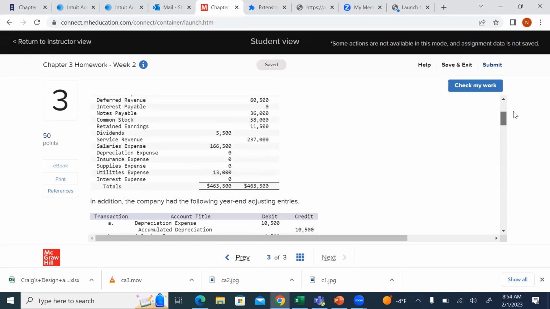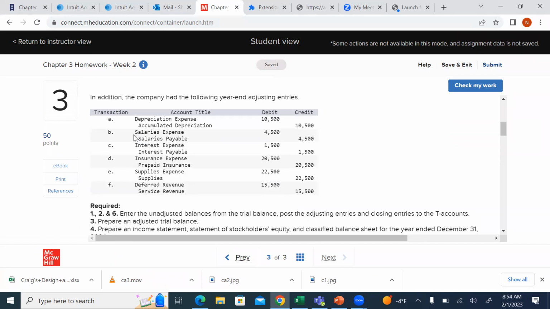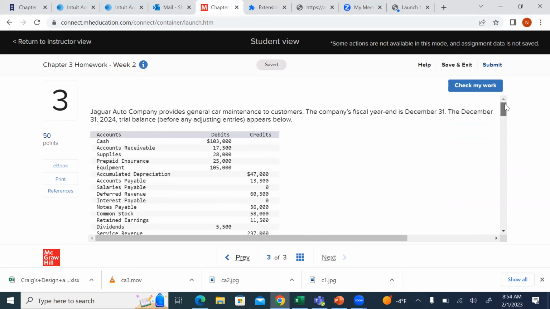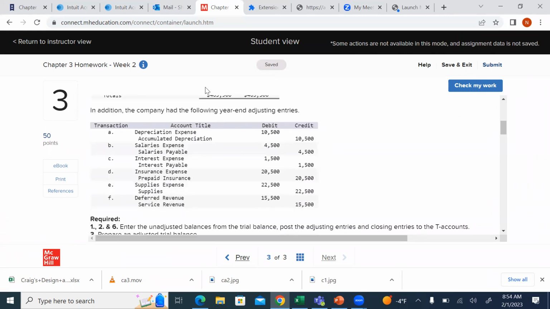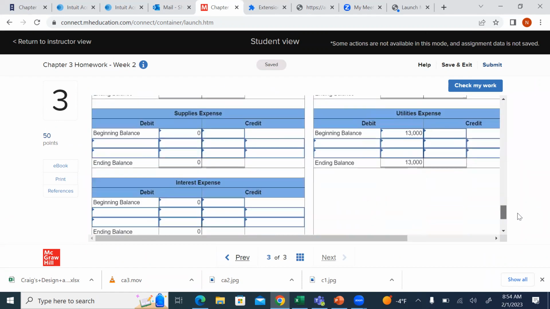So the adjusting entry for A, they are showing depreciation on equipment or a building. Let me just see what we had. Equipment. We are showing a debit to depreciation expense of 10,500. So we'll go and find that expense.